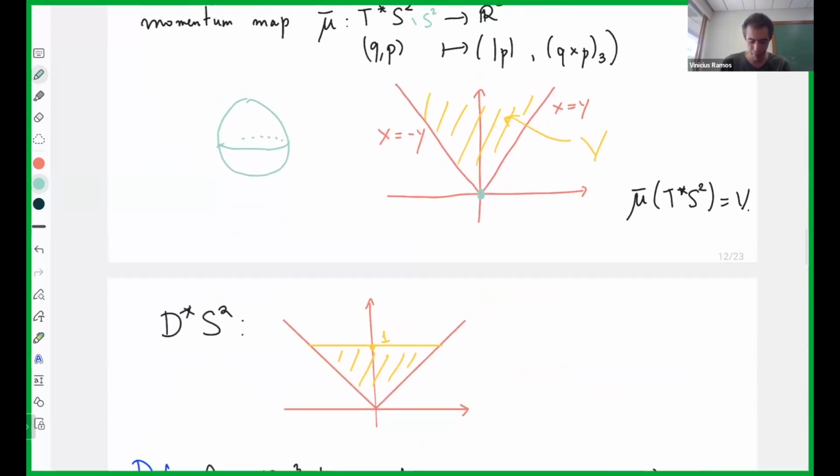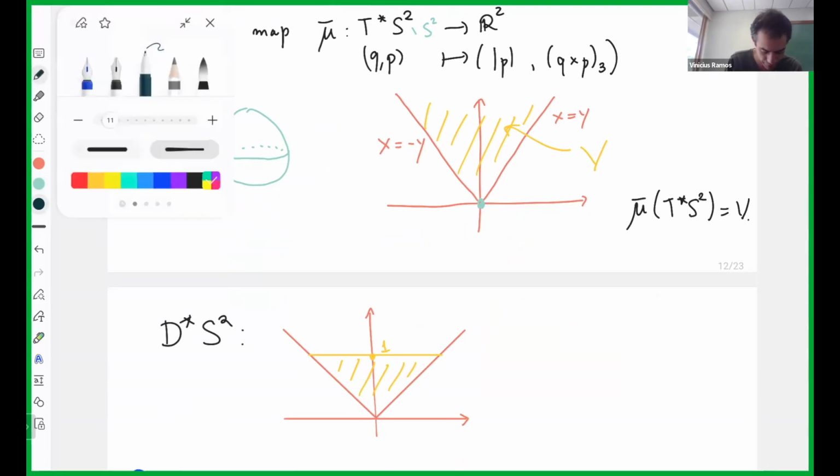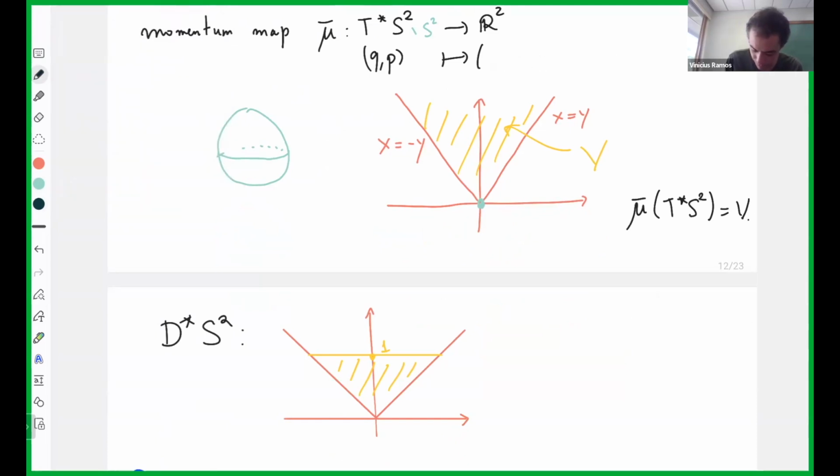Here's an example. We can look at the disk bundle of S2. This is just the subset of the cotangent bundle of S2 such that the norm of P is less than 1. I think I inverted the coordinates here, so let me fix this. I want to first take the momentum, yes, my picture is like this.